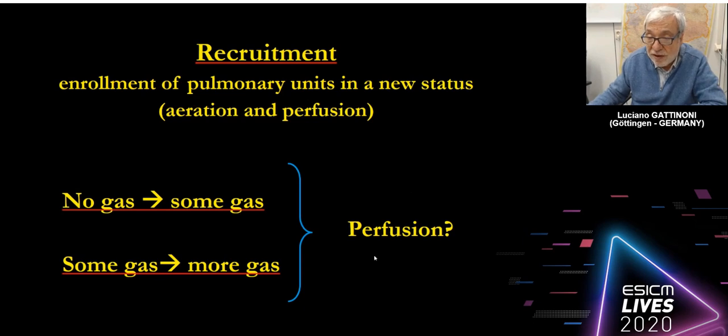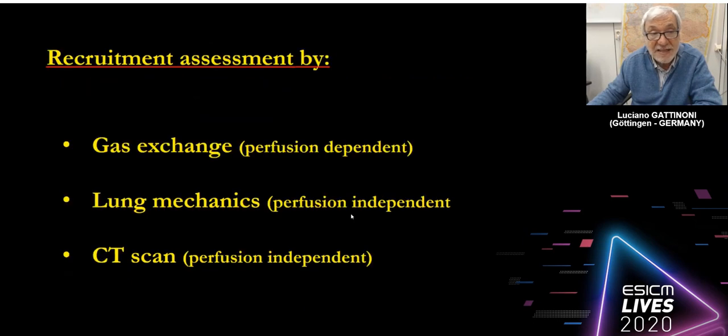What is always forgotten is the perfusion, because the PEEP, just for a moment setting aside the protective strategy, speaking about gas exchange, is a function of gas and a function of perfusion. So if we recruit, as an example, without perfusion, we cannot expect any change in gas exchange. We have just a mechanical exercise.